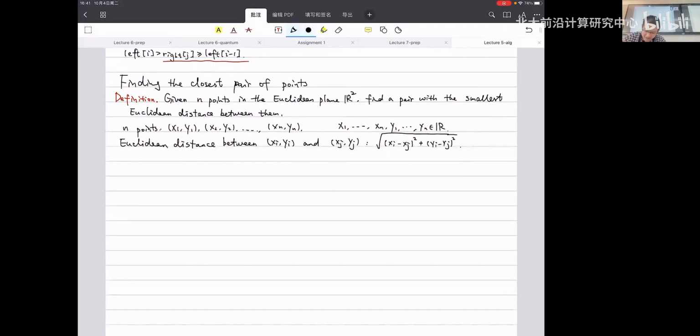Okay, so we can imagine that this is a very fundamental problem. For this kind of problem where you have vertices, we want to consider the pairs that are closest to each other. This has wide applications in graphics, maybe also computer vision.